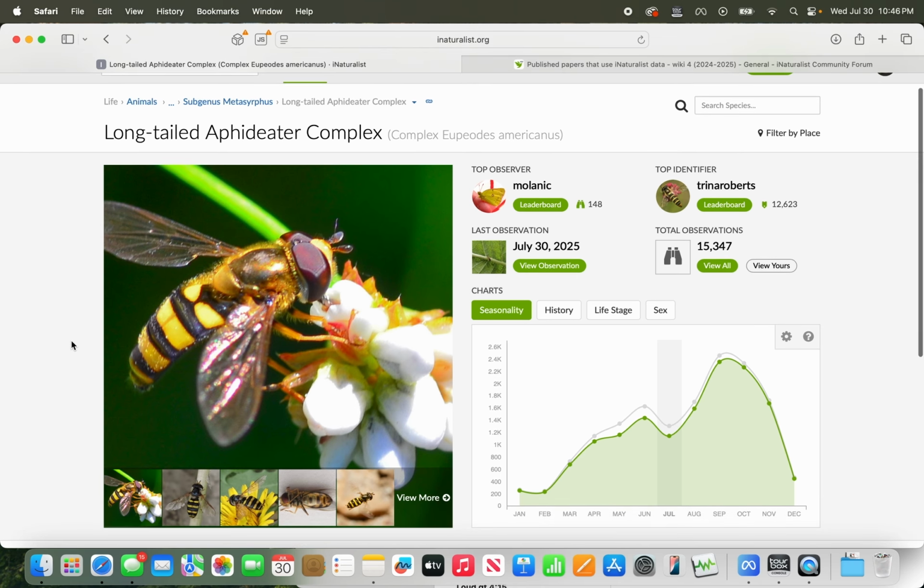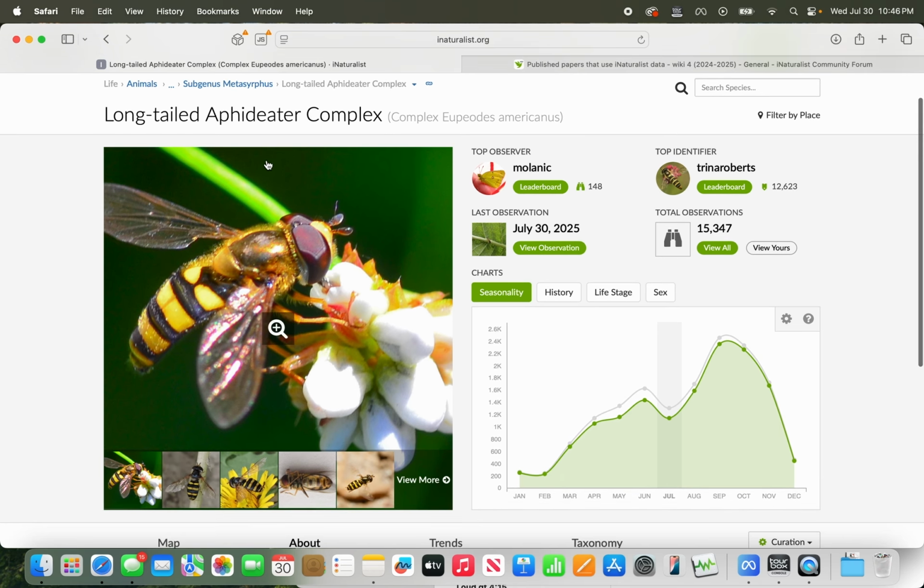It's very common, but it's actually not a single species. It's a complex, which means that it's a kind of category into which we put observations that cannot be brought down to a specific species. There are, if I remember correctly, two species this could be.